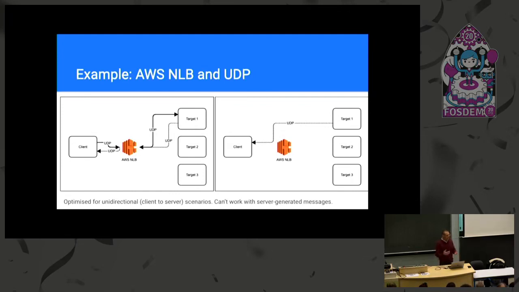But if the call is long enough, that is, there are requests from the server, like a re-INVITE or a BYE from the server, after some time you may end up in the scenario on the right, where there's no more tracked connection in the load balancer, and basically the requests go directly from the target to the client, and it's more likely than not the client will not even accept those packets.